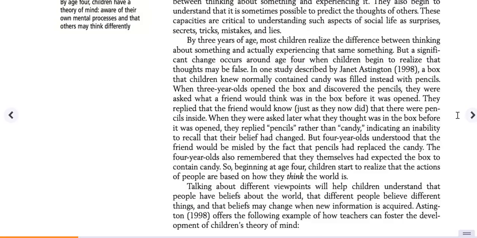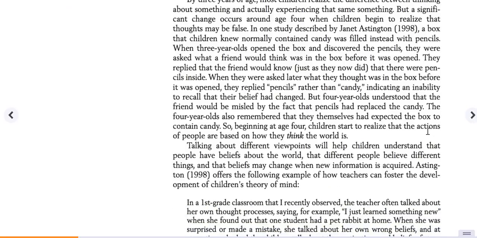The 4-year-olds also remembered that they themselves had expected the box to contain candy. So beginning at age 4, children start to realize that the actions of people are based on how they think the world is. Talking about different viewpoints will help children understand that people have beliefs about the world, that different people believe different things, and that beliefs may change when new information is acquired.